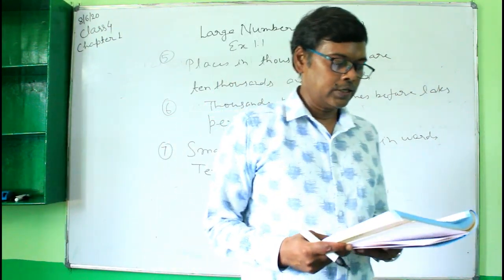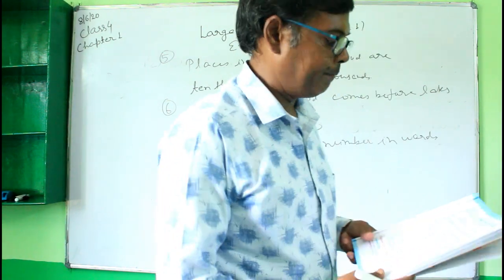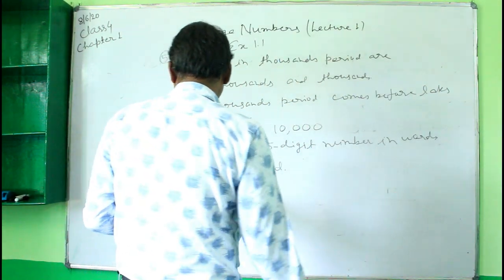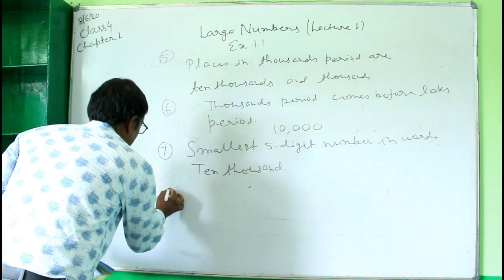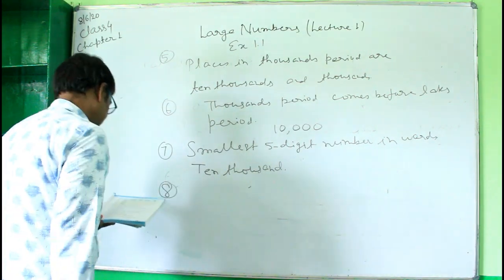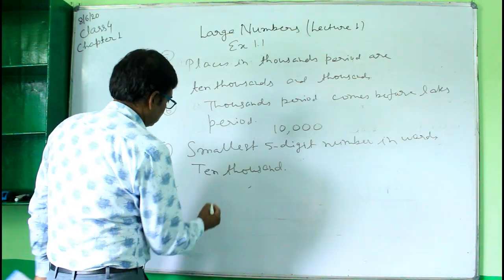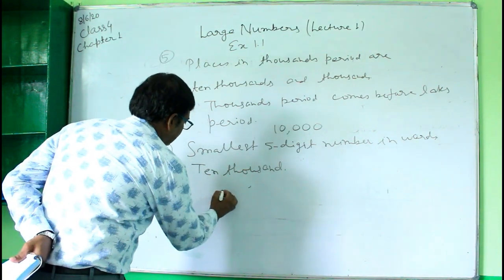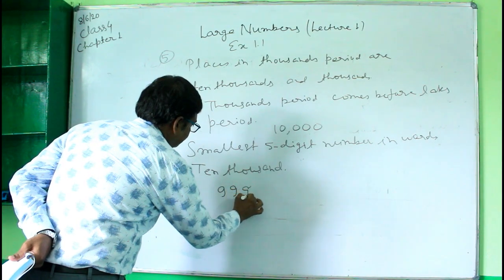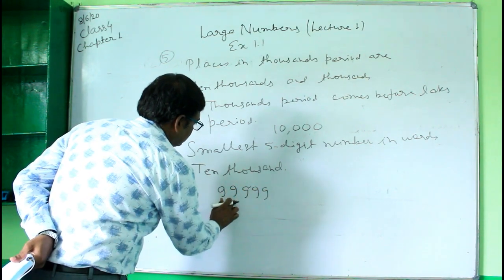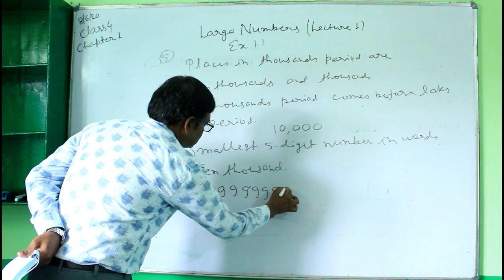Write the greatest 7-digit number in figures by separating periods. So what is the greatest 7-digit number? In figures, the greatest 7-digit number is 9, 9, 9, 9, 9, 9, 9.